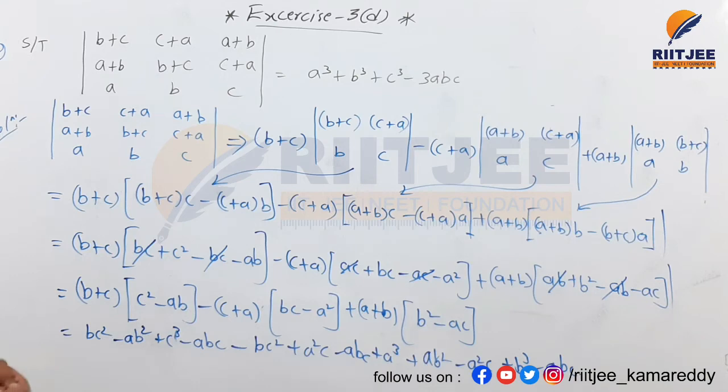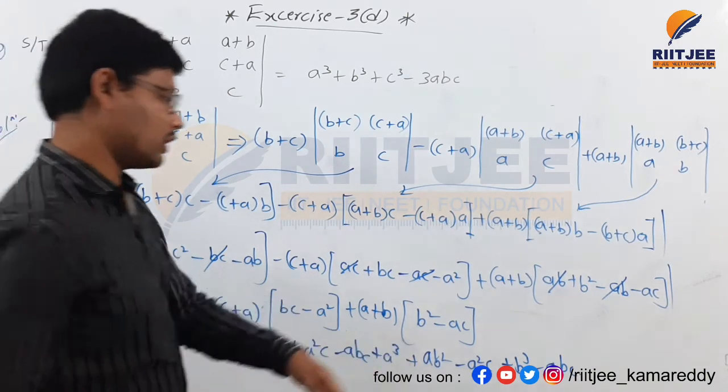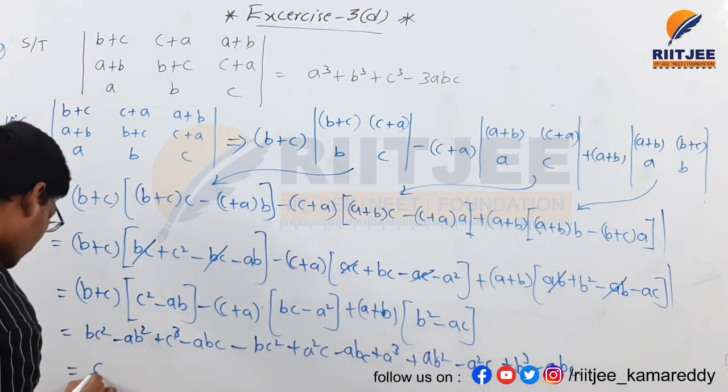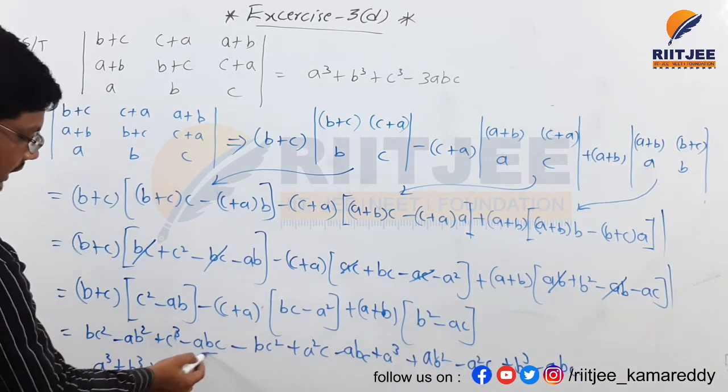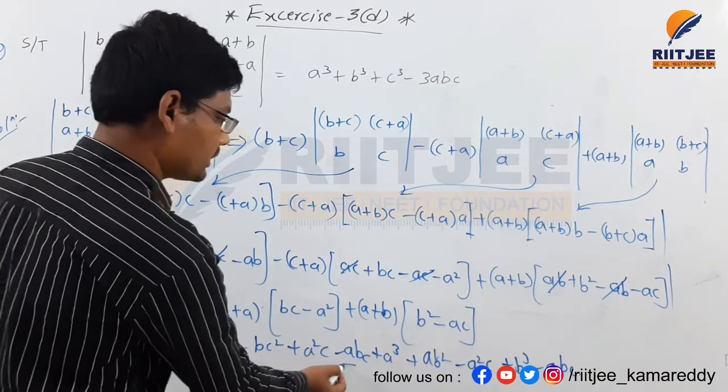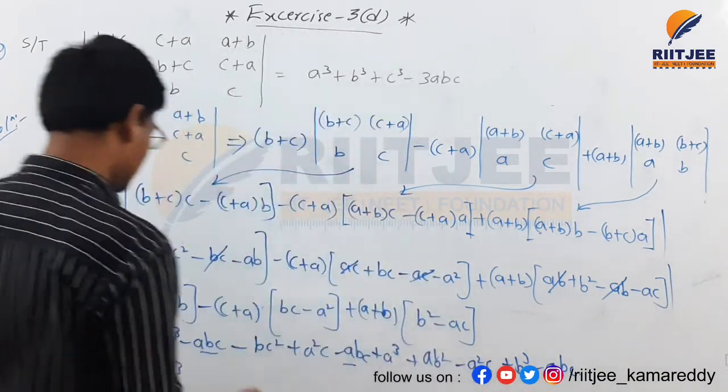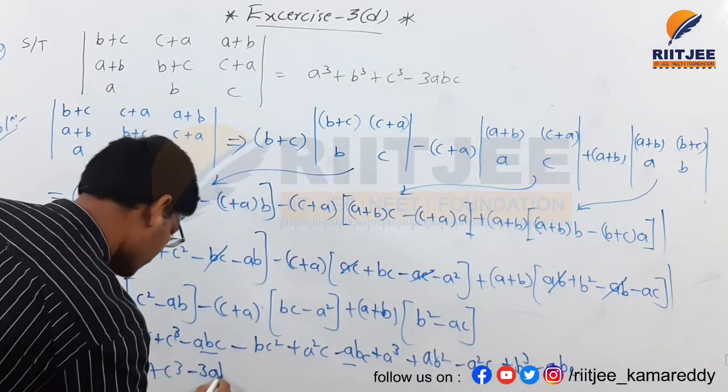See here, A cube, B cube, C cube I am writing here, A cube plus B cube plus C cube, and 1 minus ABC, 1 minus ABC, 1 minus ABC, completely minus 3 ABCs.